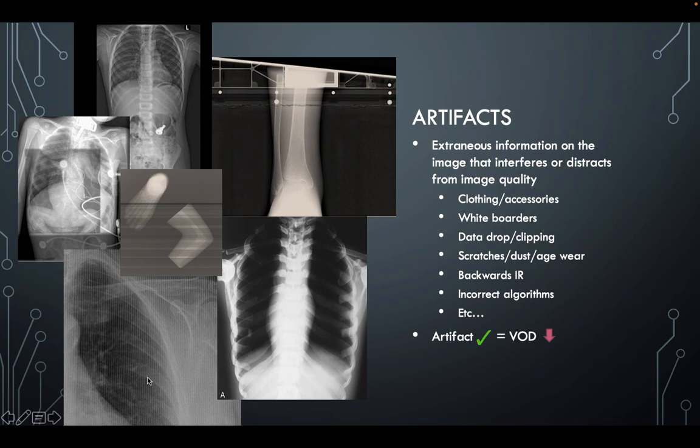For this one, first let's start here. Any double exposures or anything like this, please repeat. Anything with Moire artifact, especially if it's CR plate reader, there's no hope in fixing that image. You're going to have to change your grid ratio, increase your grid ratio, adjust your technique, and repeat that image.